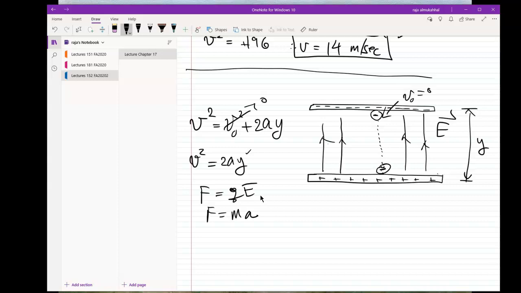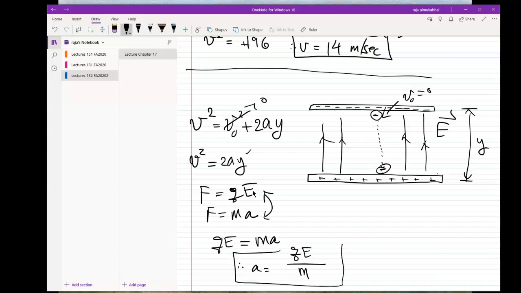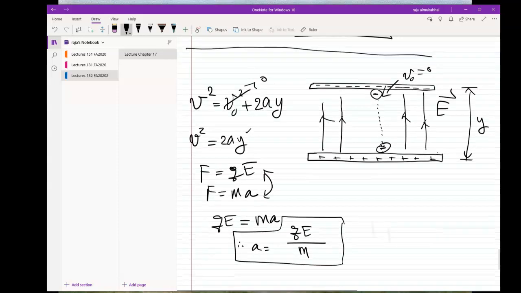Newton's second law applies to everything, really. Now you see where I'm going with it. Now I can find a from those two expressions. I can equate those two together because they are equivalent. So I can say QE equals ma. Therefore, a is equal to QE over m. There we go. You see what I'm going with that?